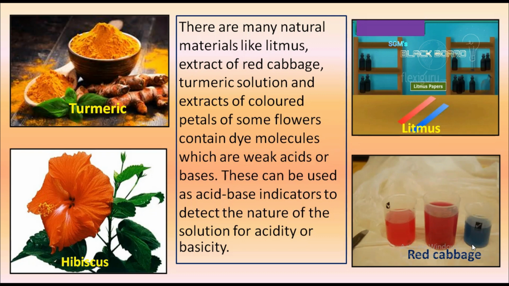These can be used as acid-base indicators to detect the nature of the solution for acidity or basicity. So in the last session we tested the acidity and basicity of the mineral substances by using these natural indicators.